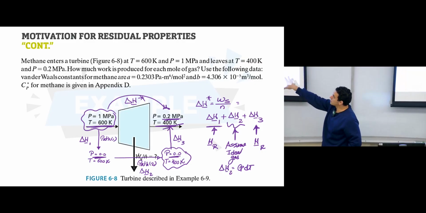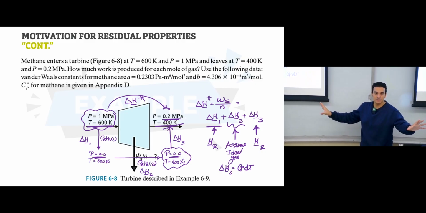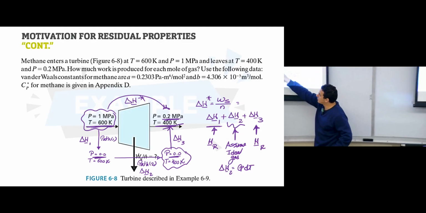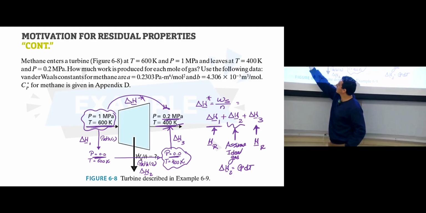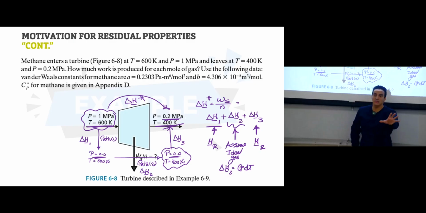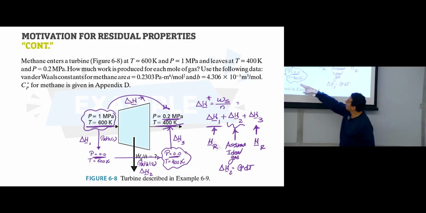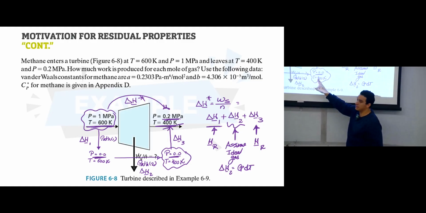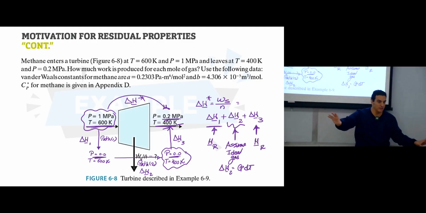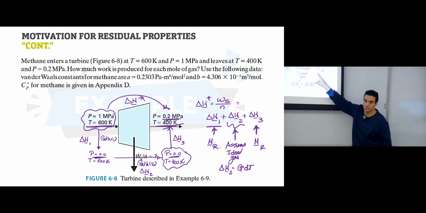So now the original path, the delta H star I need to find, I divide it into 3 parts. The first path, this is real condition, this is ideal gas condition. Difference between real and ideal gas condition, this is residual property. So path number 1 is residual property. Path number 3, real condition, ideal gas condition, difference between real and ideal is residual property. So path number 3 is also residual property.